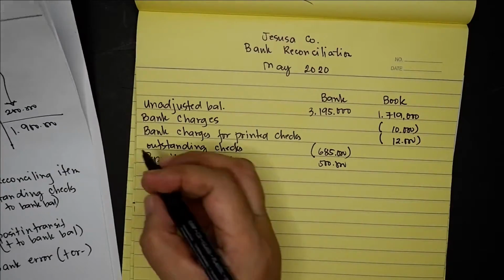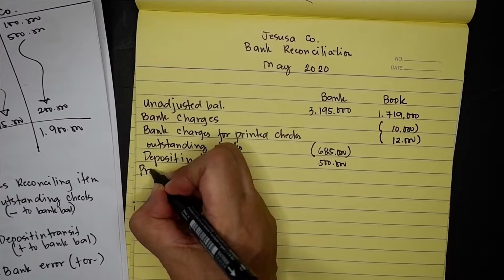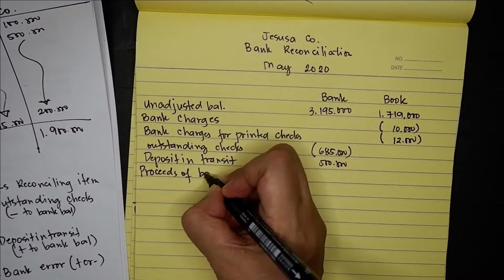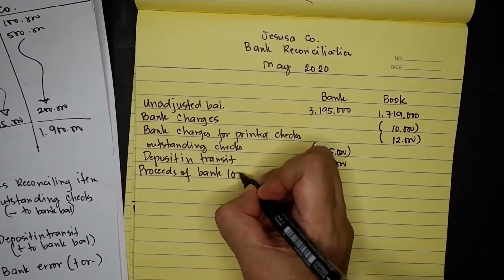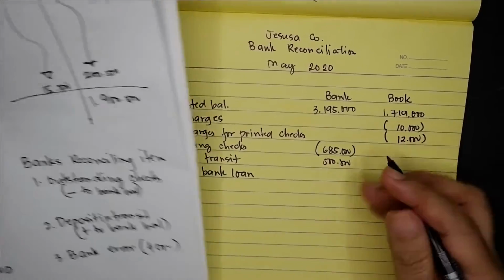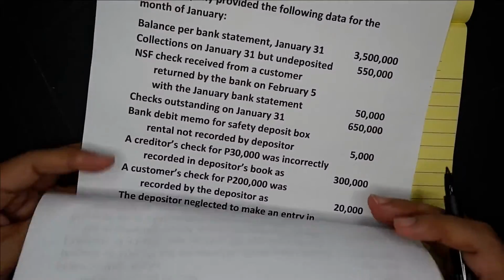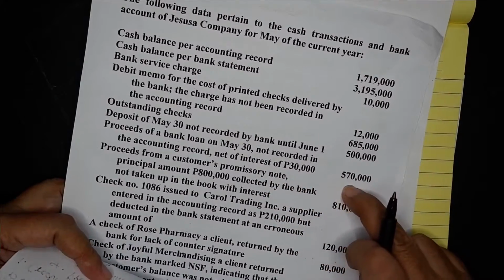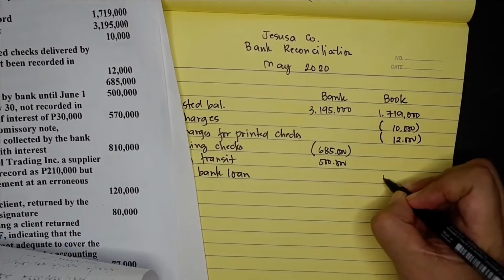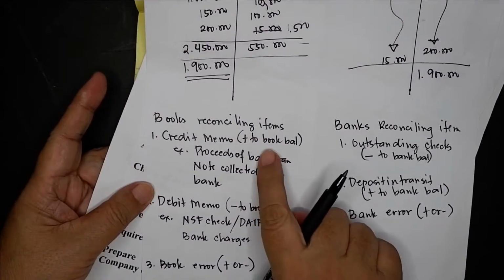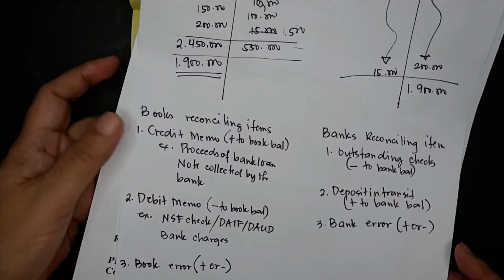So we have proceeds of bank loan. That is a credit memo. How much is that? Proceeds of bank loan, that is 570, and that is plus to book balance.